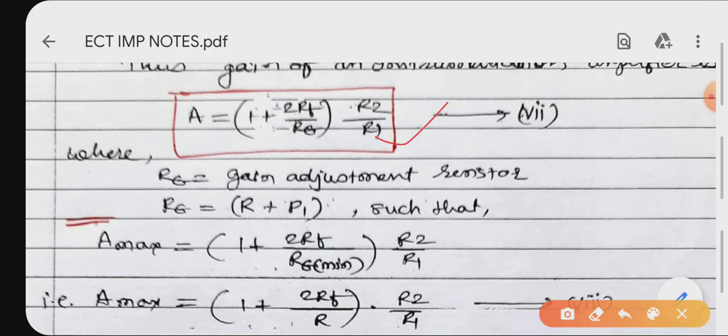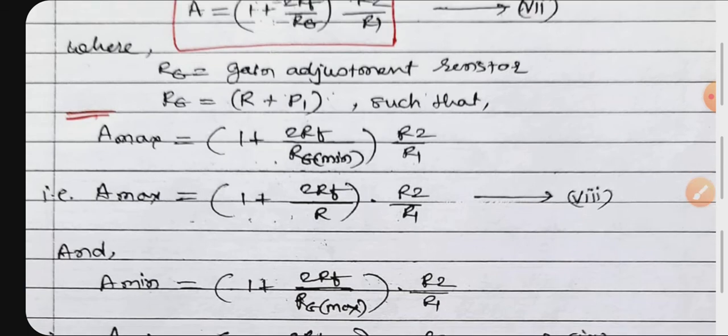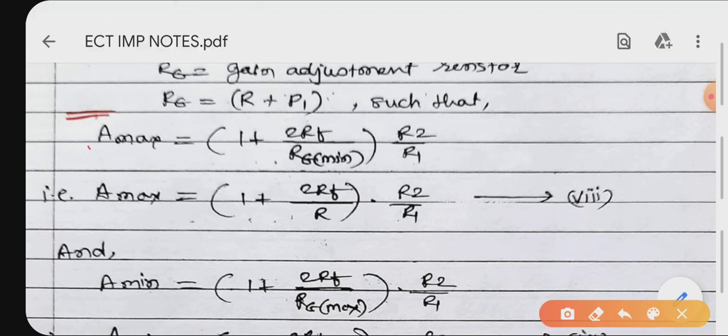Then what is RG? RG is the gain adjustment resistor, which will be the addition of R plus P1. Now we can modify this for the minimum and maximum values of RG. The maximum gain can be denoted as A max is equal to 1 plus 2RF by RG min; the rest of the formula is the same.